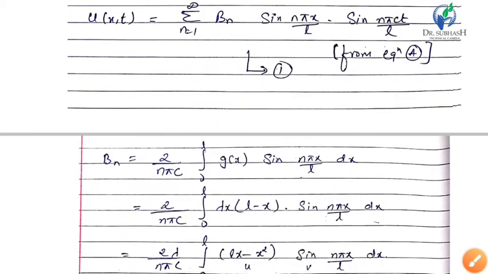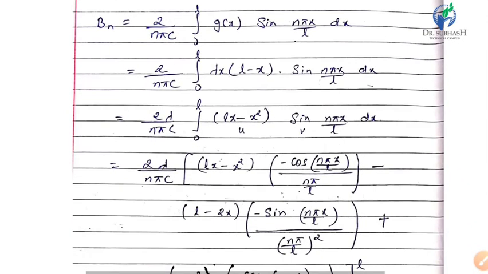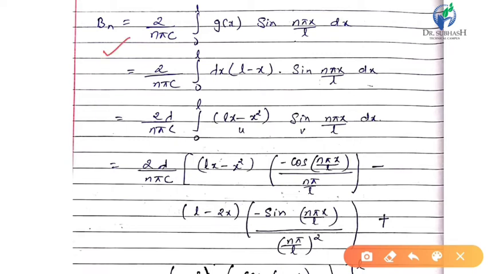First we will find the value of b_n. We have already seen in our note 3 that b_n = 2/(nπc) times the integral from 0 to L of g(x) sin(nπx/L) dx. Now I will substitute the value of g(x) here.